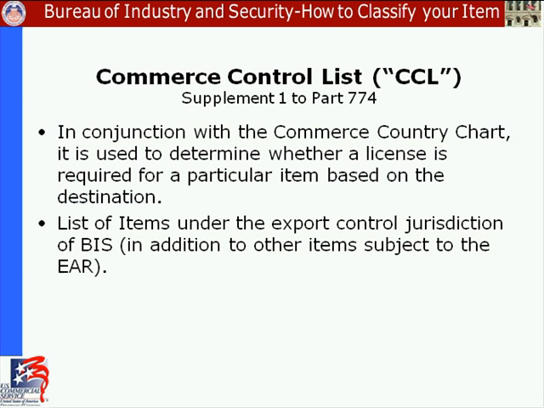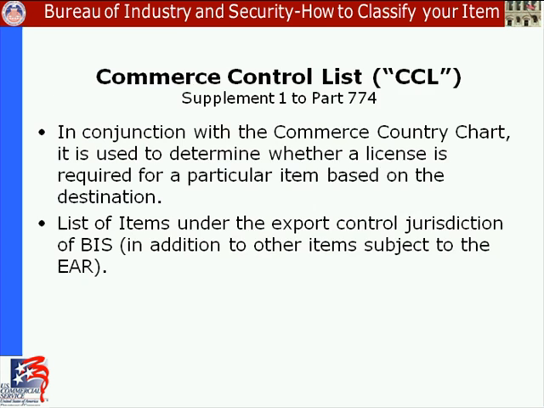The Commerce Control List is in our regulation, the EAR, Export Administration Regulations, Supplement 1 to Part 774. At the beginning of the Commerce Control List, we have two indexes.